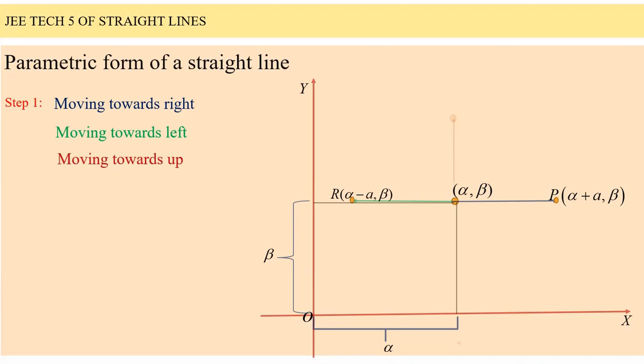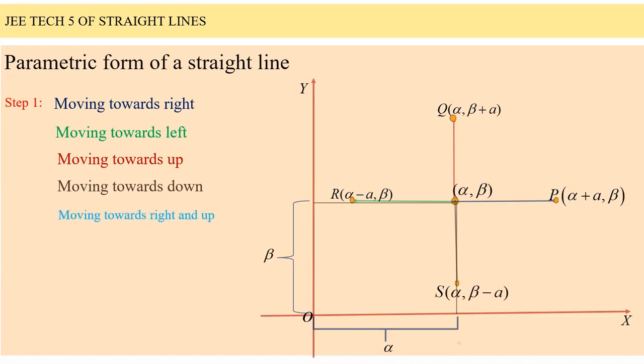For moving up and down, the x coordinate will not change, the y coordinate will change. When going up, for the y coordinate a will be added, that is alpha comma beta plus a. For going down, again there is no change in the x coordinate, but from the y coordinate a will be subtracted. Similarly, when moving towards right and up, for right a is added to the x coordinate, for up a is added to the y coordinate.